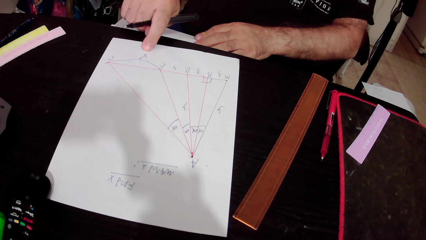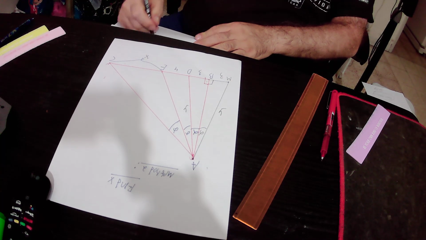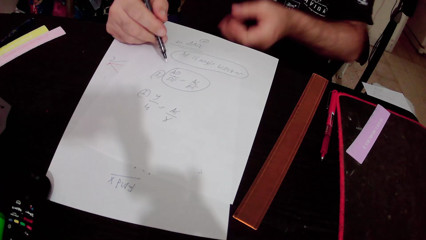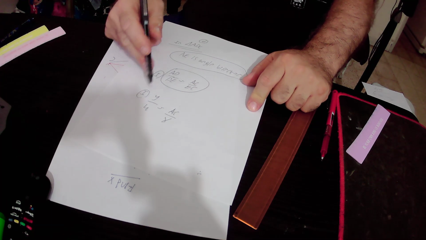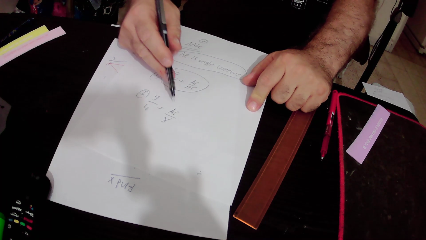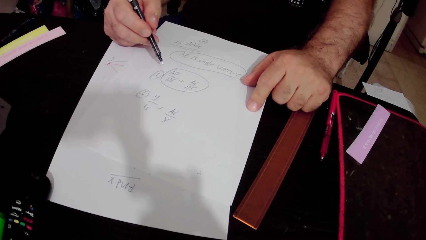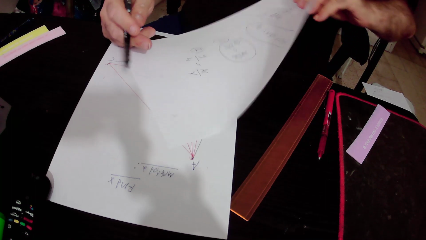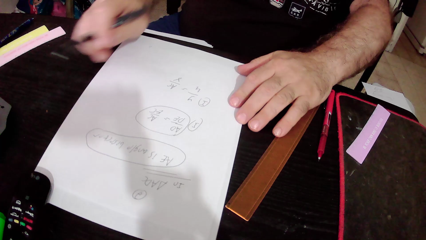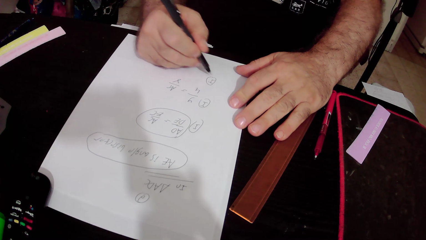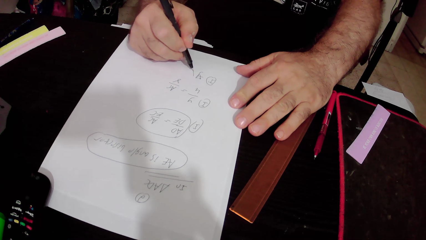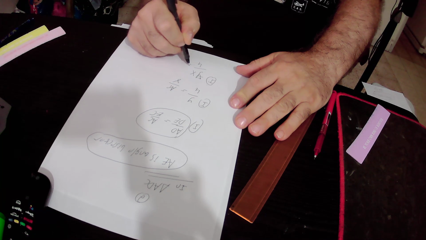CE equals X. Again, AD equals Y, DE equals 4, AC is AC, and CE equals X. Okay, we will multiply this equality by x, and we get y times x over 4 equals AC.